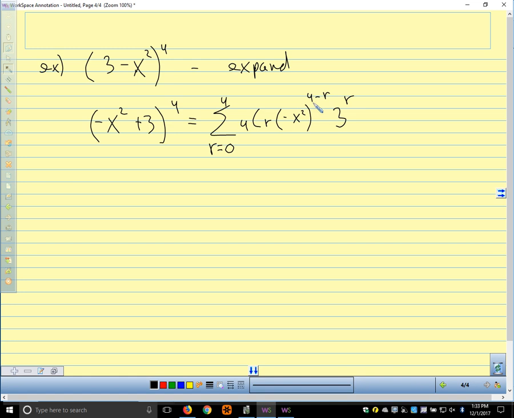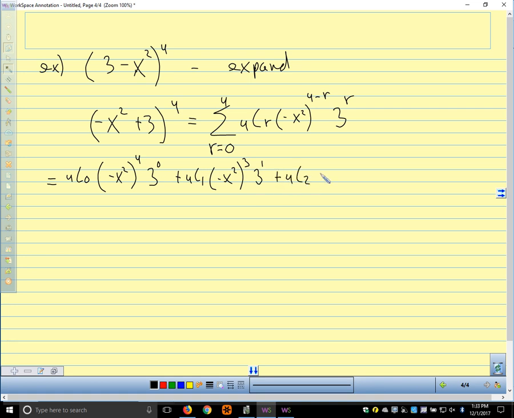Okay. So let's write this out. So this is going to equal 4 choose 0. I'm not going to write out everything as explicitly this time. This is going to be minus x squared to the 4th, 3 to the 0. Plus 4 choose 1, minus x squared to the 3rd, 3 to the 1st. So remember, the first numbers go down, the second exponents go up.